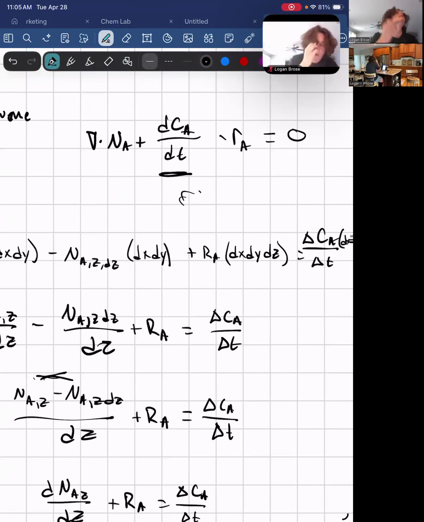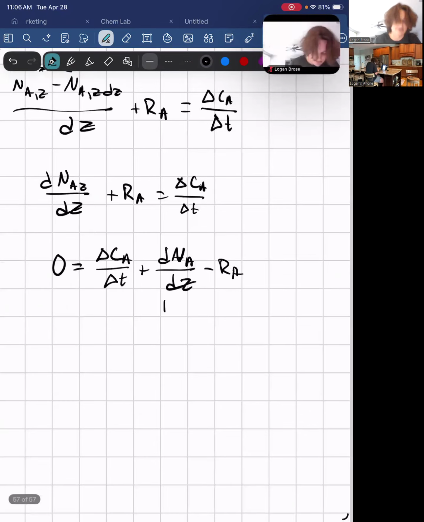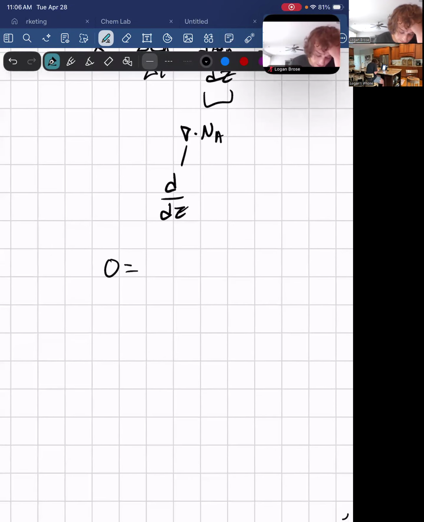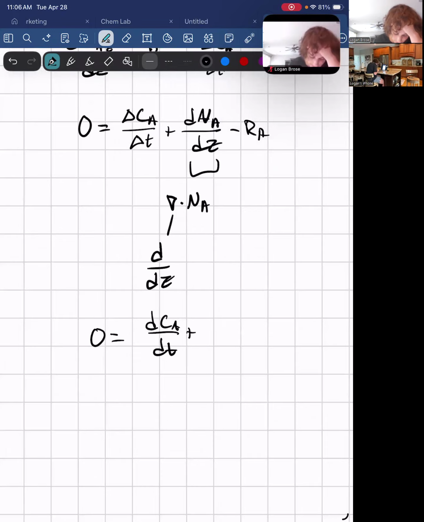And the other big thing that stands out is this isn't a gradient of NA, but it is the gradient, because our d over dz is just our gradient. So in the end, we can write this as 0 equals dCA over dt plus our gradient of the molar flux minus our rate of formation. And that is our continuity equation.